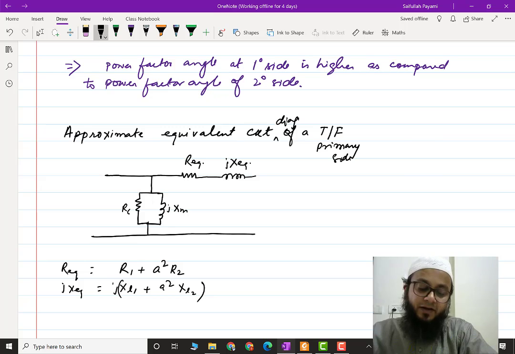So as per our convenience, we can shift the shunt branch parameters to either side of the series branch parameters.